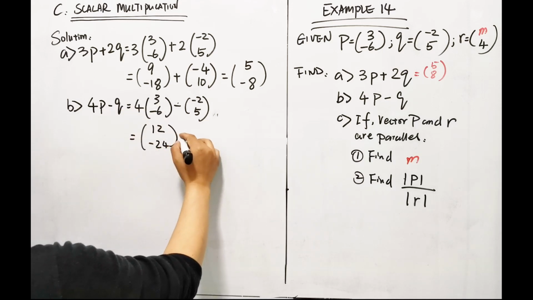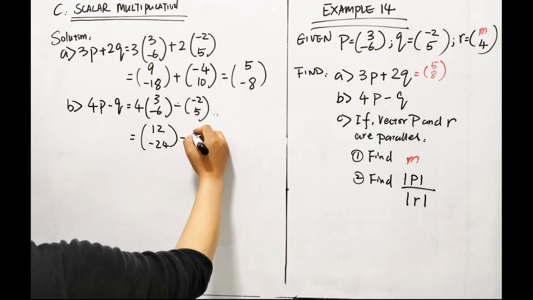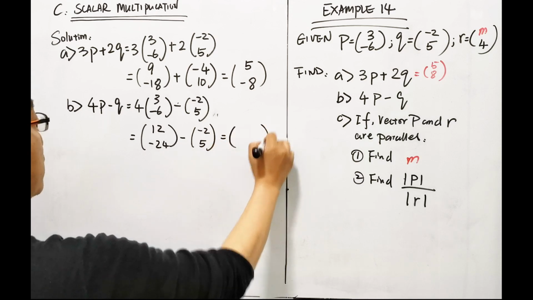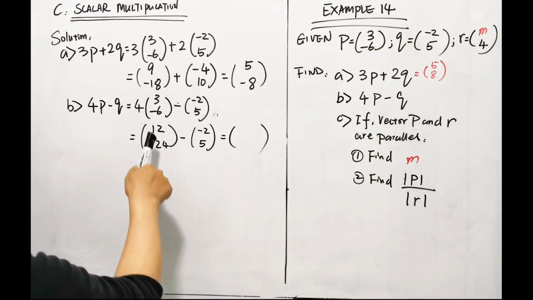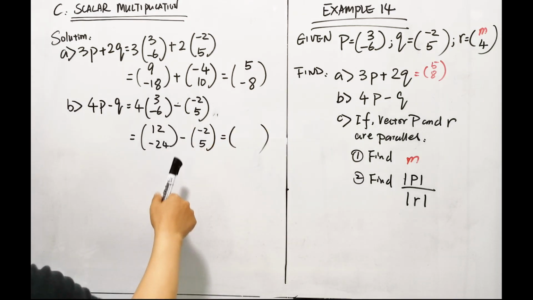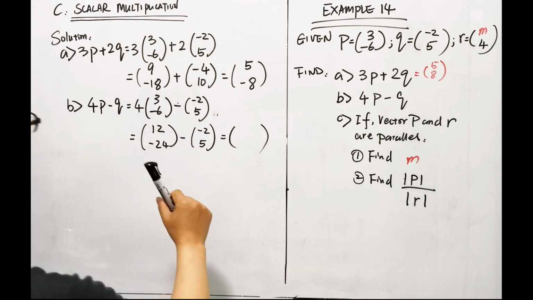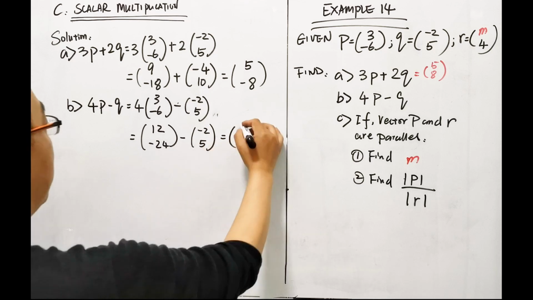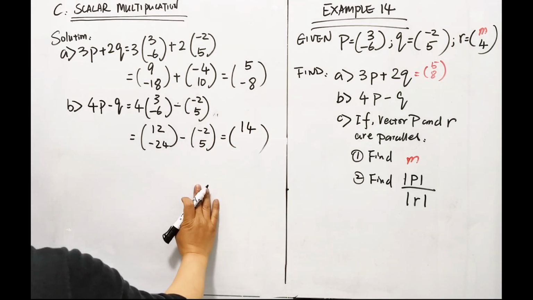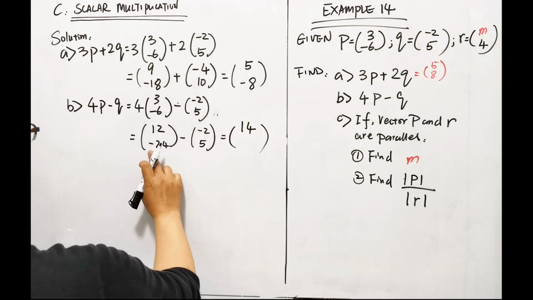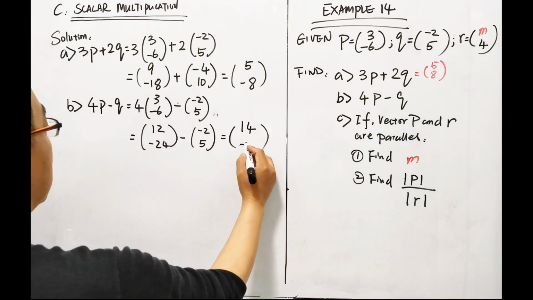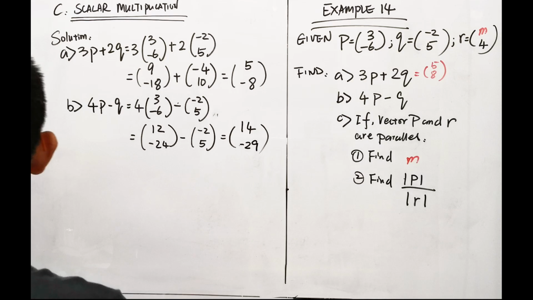Then 12 minus (-2): the minuses cancel each other, so we get 14. The next one is -24 minus 5, which gives -29. Okay, so we get the answer: (14, -29).